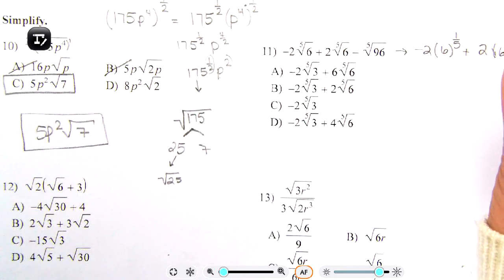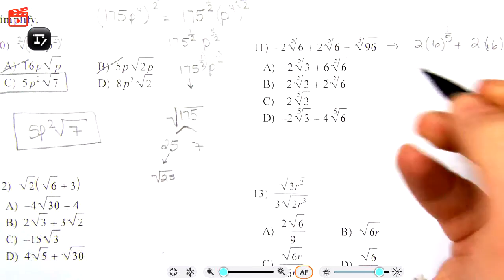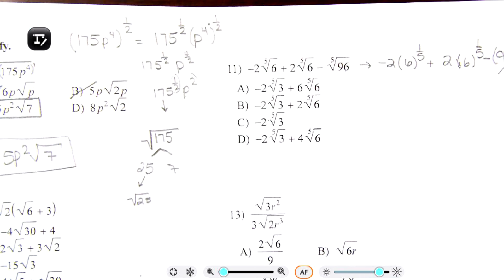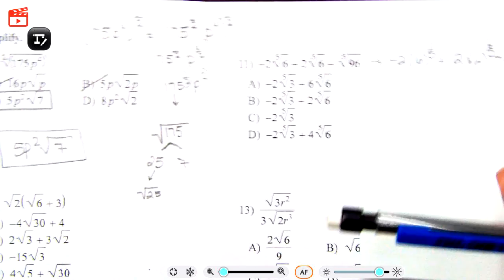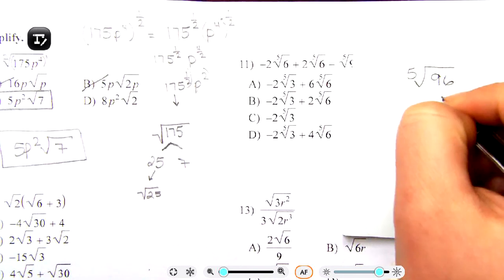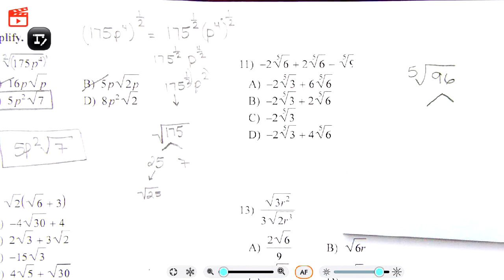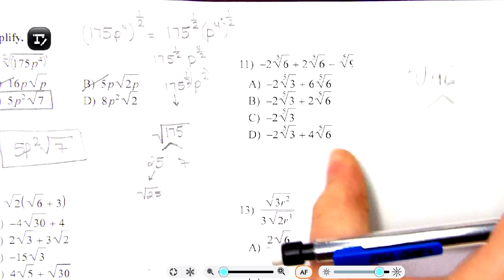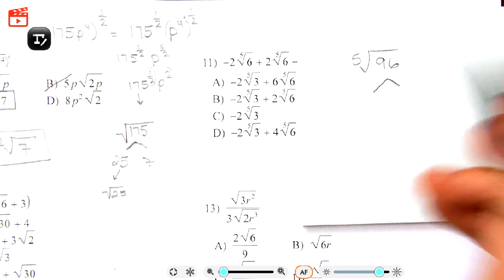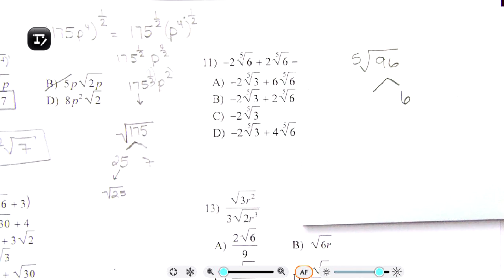So this here, we can say, hey, can we pull anything out? Can 96 be pulled out? Let me get something else to write on because there's not a lot of room here. 5th root of 96. What are the factors of 96? And see if we can pull anything out. The reason I'm doing this is because I have a 6 and a 6. When we rewrite it, we have a 6 and a 6. That's our base. So if we can get a 6 out of here, that would be fantastic.